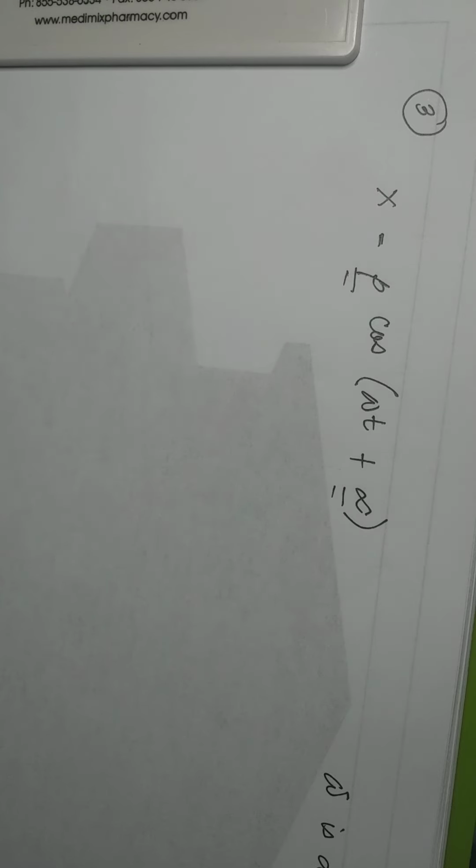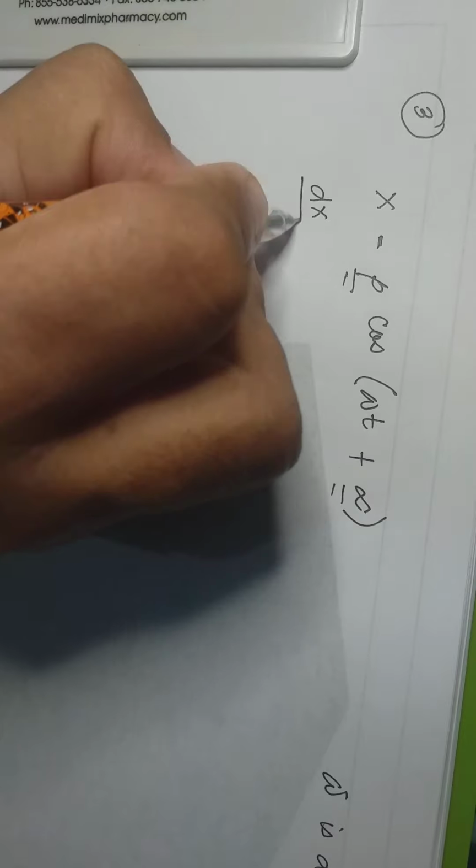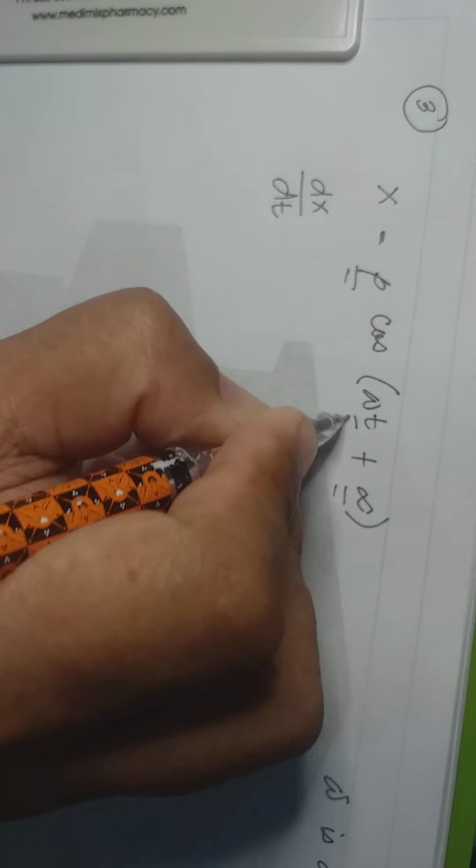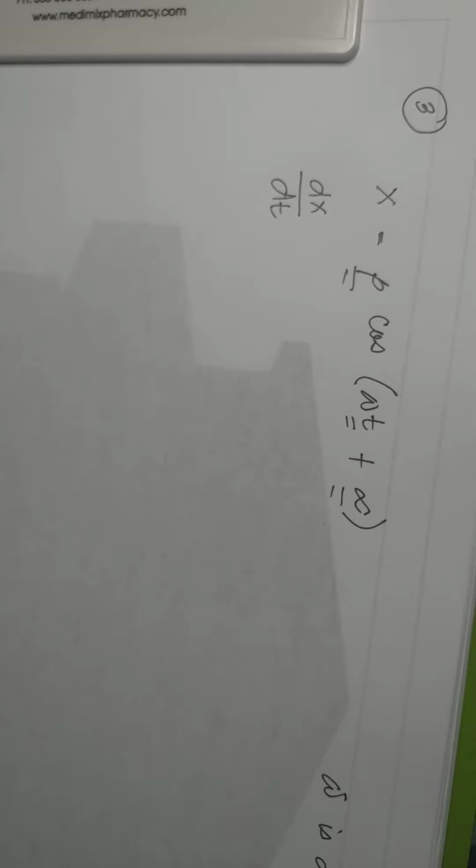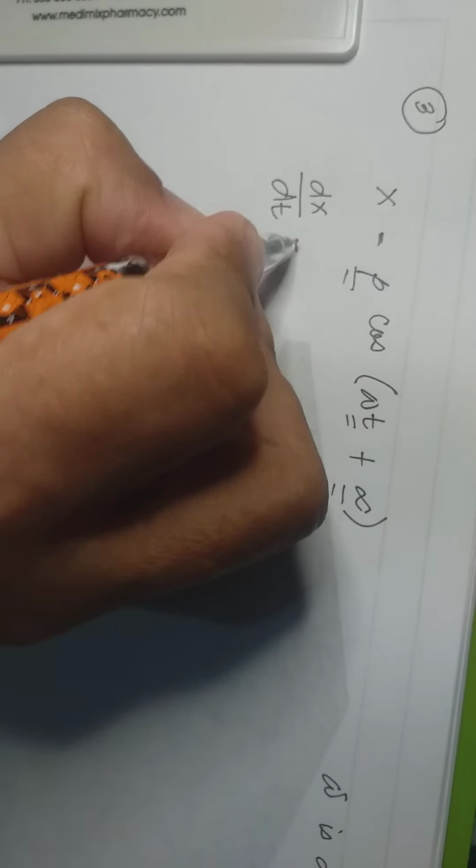So we have to differentiate the equation 2 times. So what will be the first derivative of the equation? Meaning dx over dt. That is the parameter t. So what is the first derivative? So for beta cosine (Wt plus alpha), your u here is Wt plus alpha.